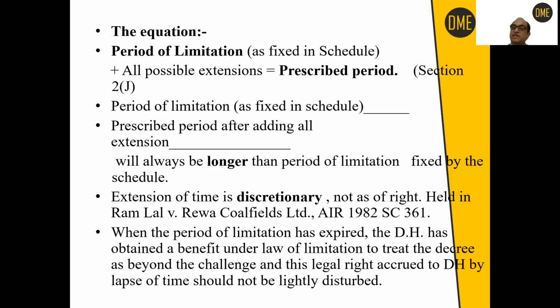When the period of limitation for filing an appeal has expired, the decree holder who has won the case has obtained a benefit under the law of limitation to treat the decree as beyond challenge. This legal right which has accrued to the decree holder by lapse of time should not be lightly disturbed by showing a few causes here and there.